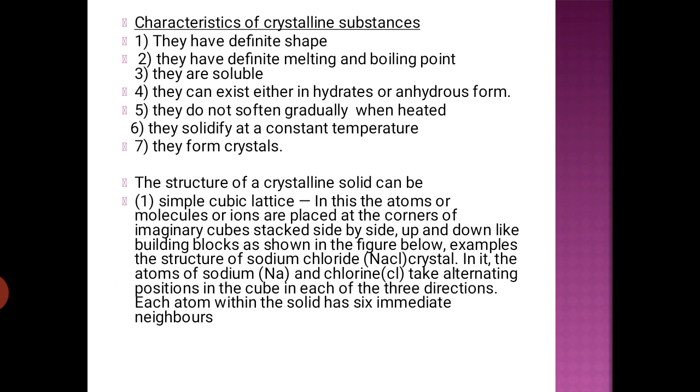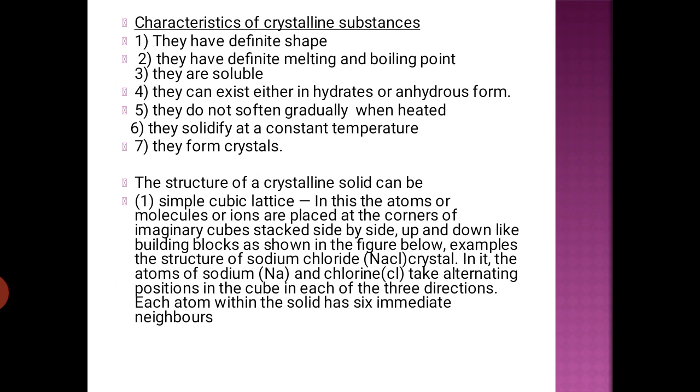Examples. The structure of sodium chloride. Sodium chloride crystal is one of the examples of that. In this sodium chloride crystal, the atoms of sodium and the chlorine take alternating positions in the cube in each of the 3 directions.